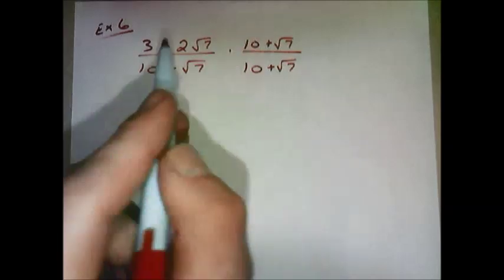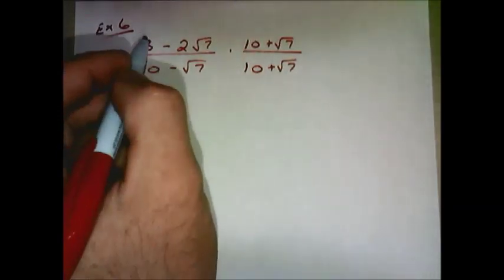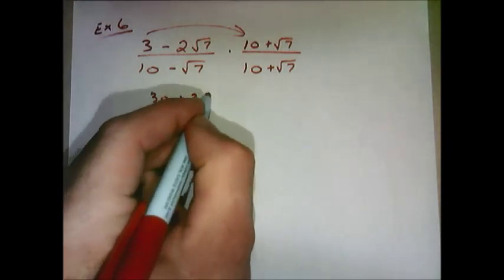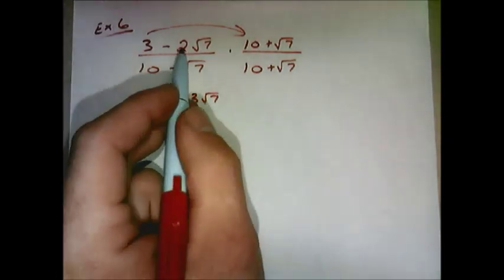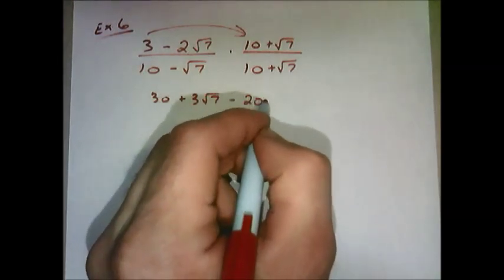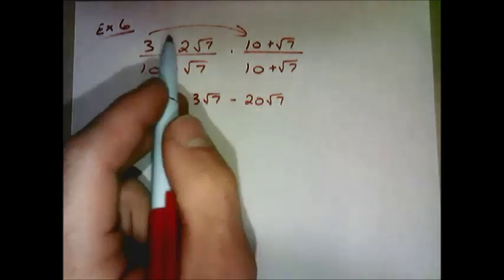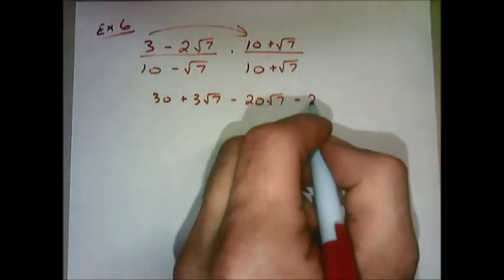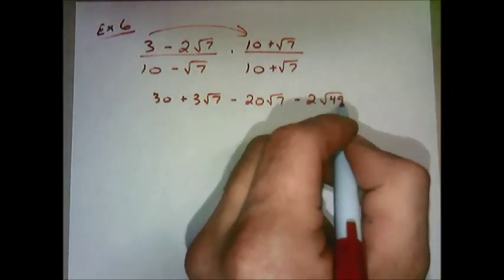So 3 times 10 gives us 30. 3 times the square root of 7 is 3 radical 7. Negative 2 radical 7 times 10 is minus 20 radical 7. And negative 2 radical 7 times radical 7 gives me negative 2 radical 49.